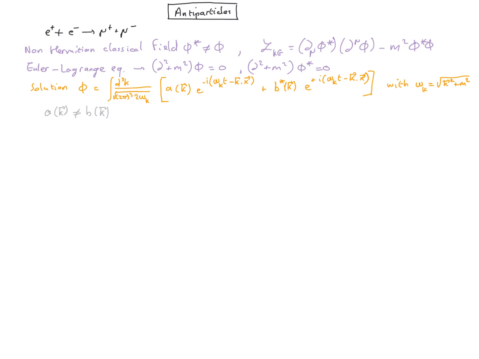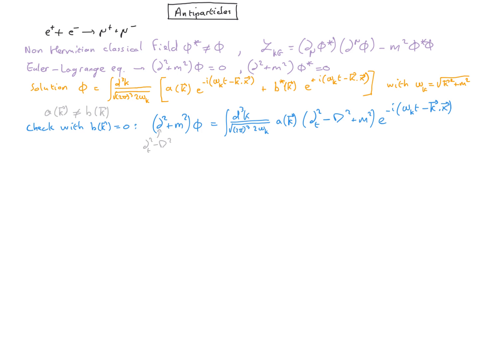Let's first check that this is a solution to the Klein-Gordon equation in the case of B equal to 0. The time derivative and the spatial derivative will act on the exponential and will respectively bring down minus i omega_k and ik.